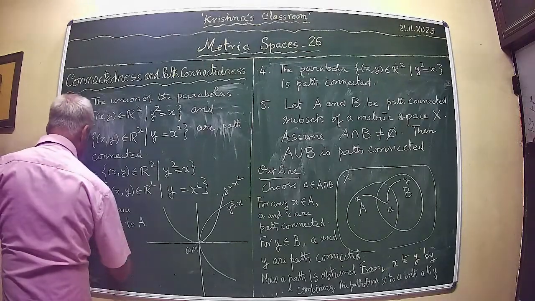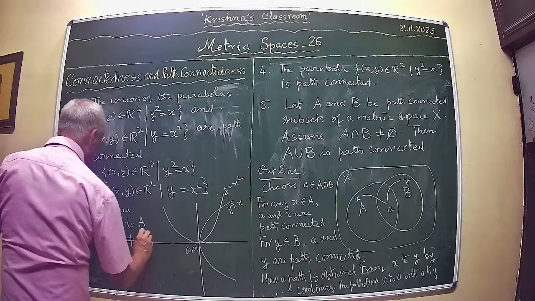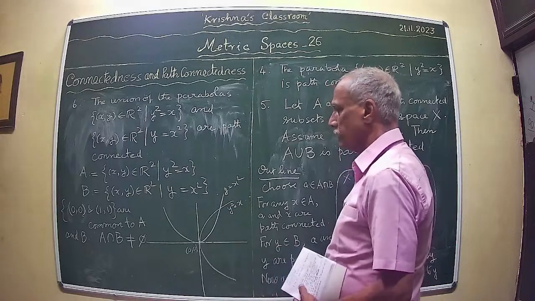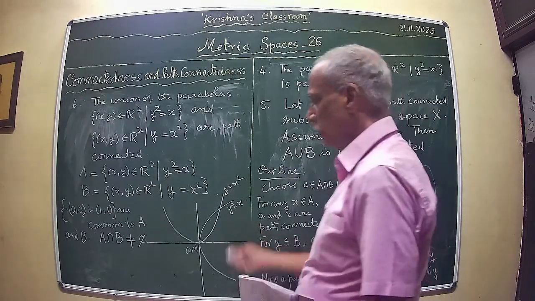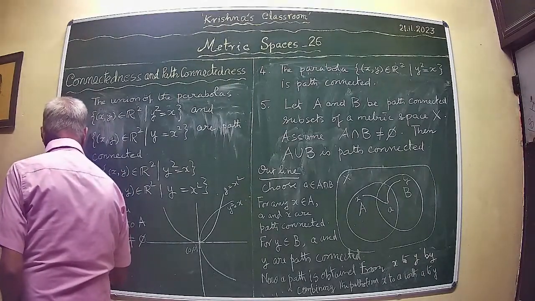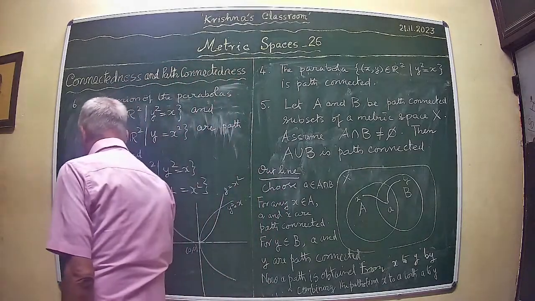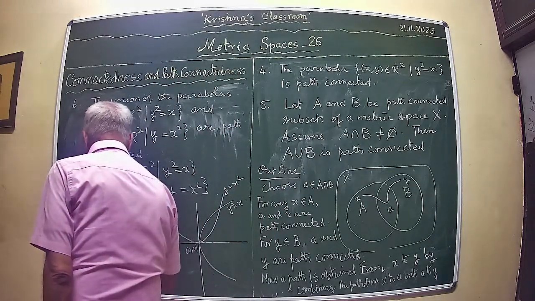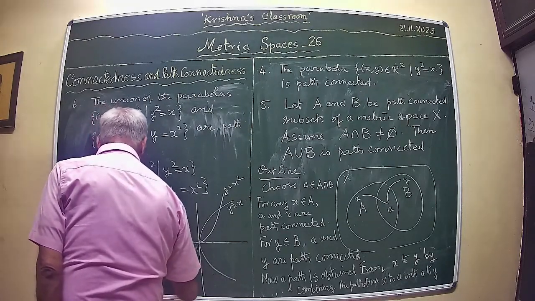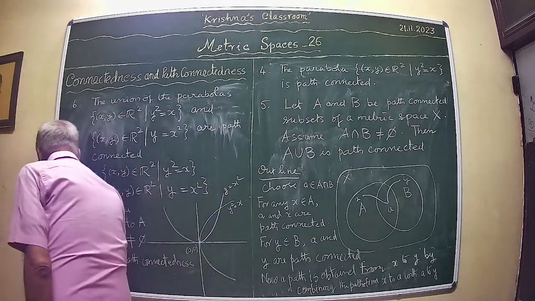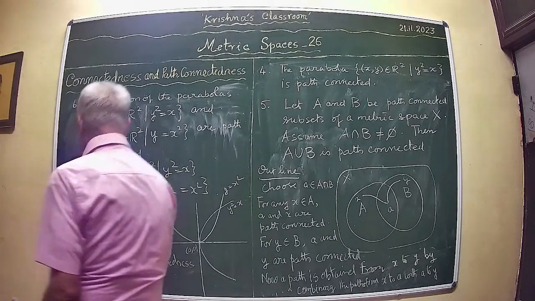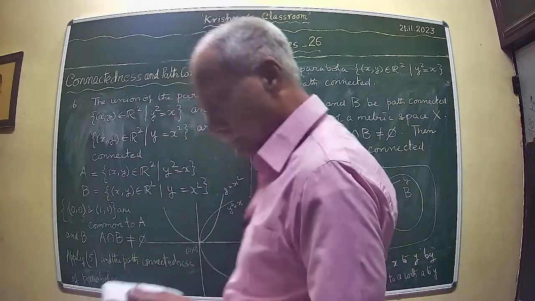That is, A intersection B is nonempty. Now since A is path connected, B is path connected, and there is a common point, apply the result and the path connectedness of parabolas. So you get this done easily.